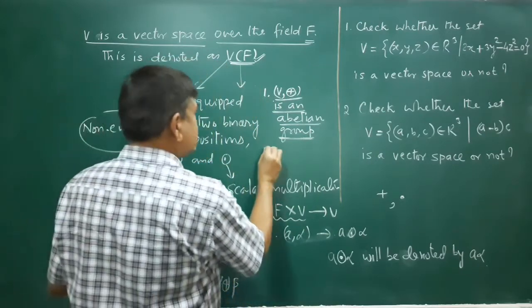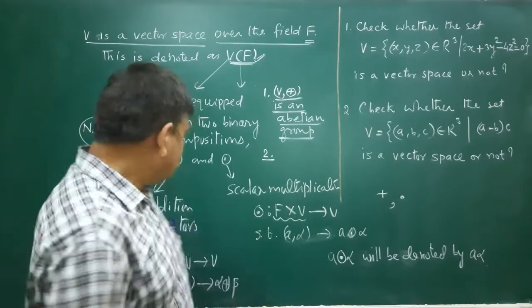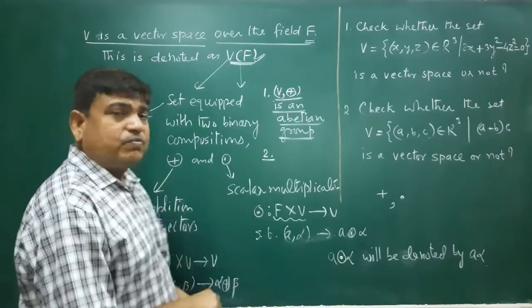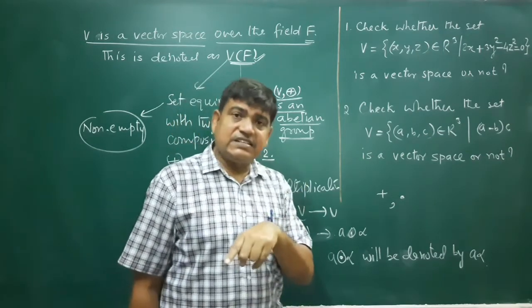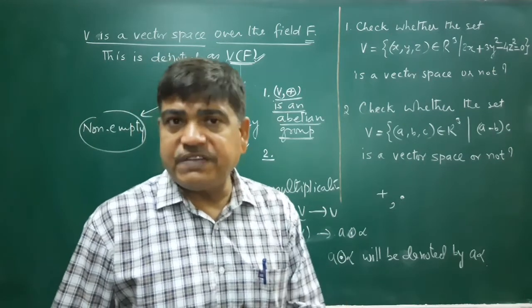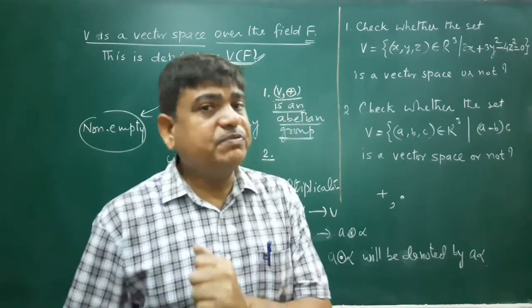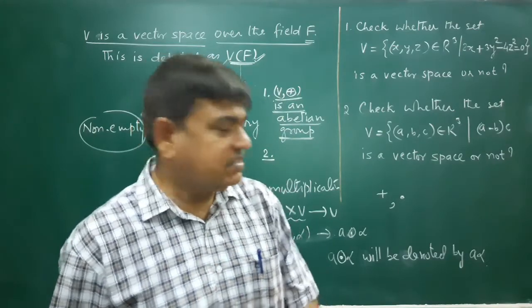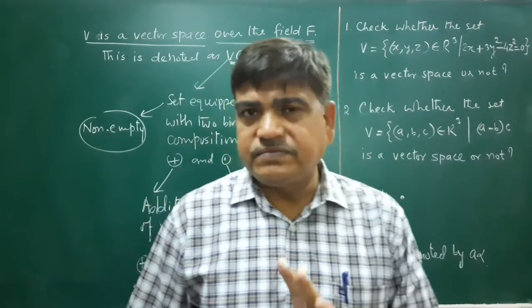Second one, combined properties of these two. First one, closure property. Second, distributive. Third is also distributive. Fourth, associativity. And fifth one is the unit element with respect to F. So this we have done.